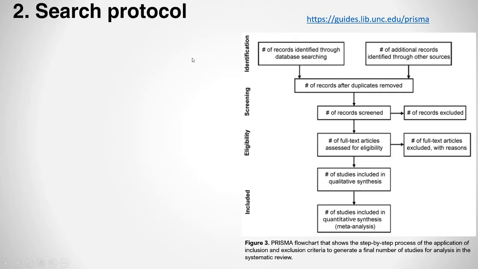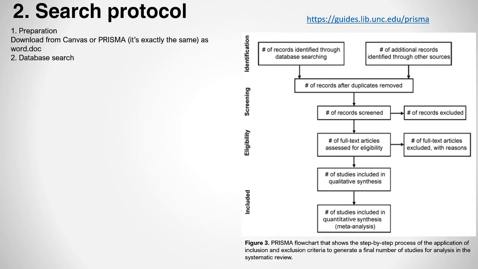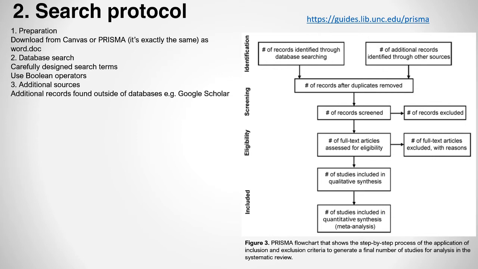Now, what you need to do is to record that process in this PRISMA flowchart. So you've done your preparation. Well, the preparation part of it is to download this. It's on Canvas in a Word format. Then do your database search, which I've told you about how to do.